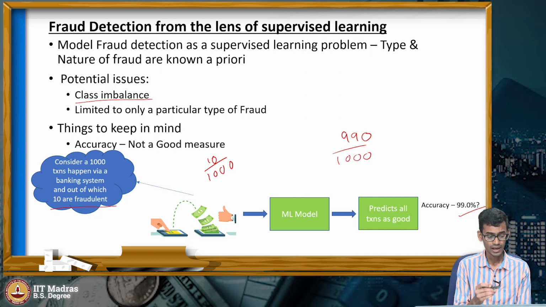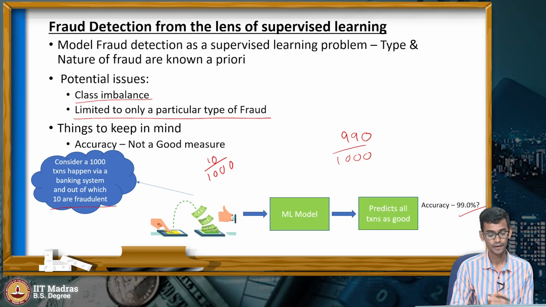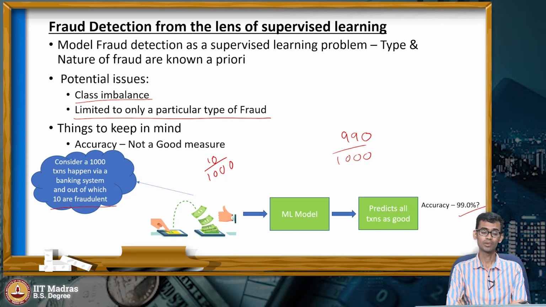And the second type of issue is, when we look at the supervised learning problem, we are limited to only a particular definition of fraud. Sometimes there could be many frauds which get unnoticed. And if a fraud is unnoticed, then in the dataset you have, those transactions will not be marked as fraudulent.